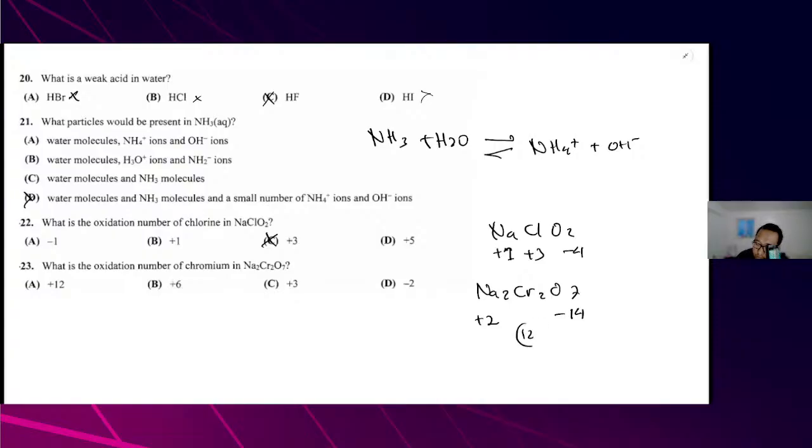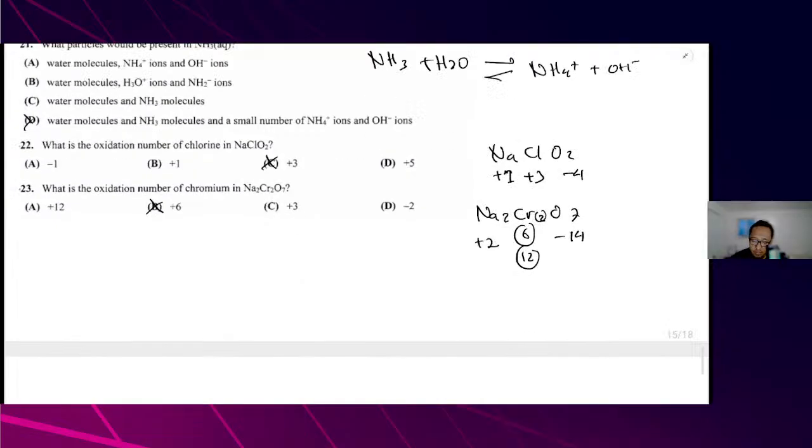We need to have 12. However, because it has 2 Cr, it will be 6. So the answer will be 6, so B, not 12. Remember, not 12, because there are 2 Cr. So number 23 will be B.